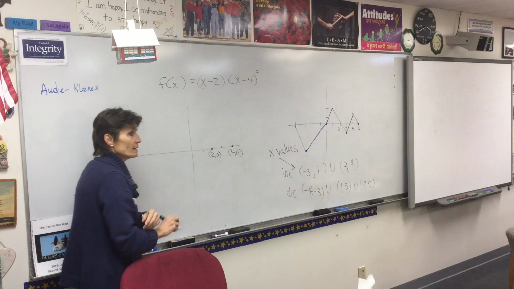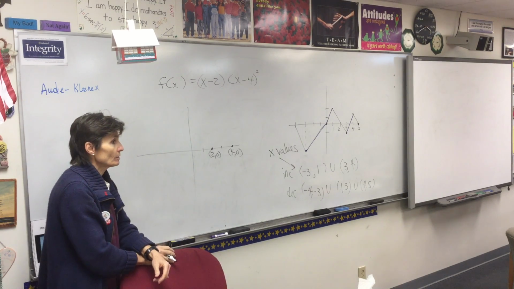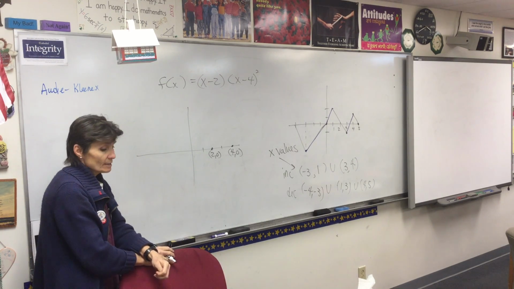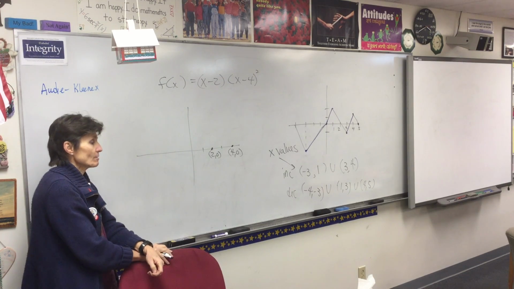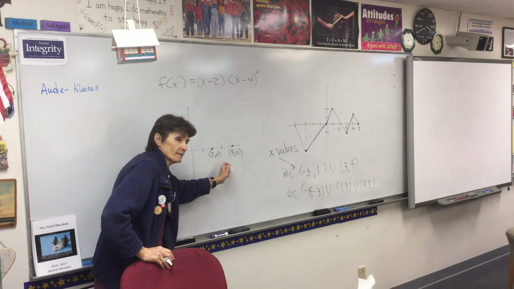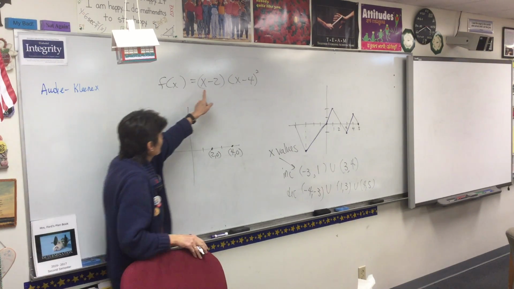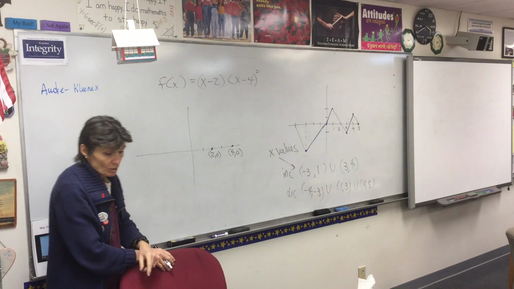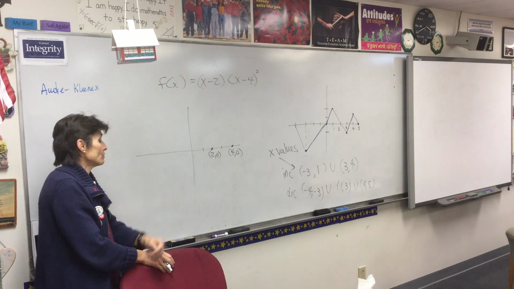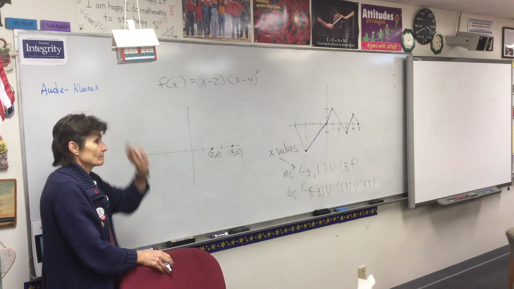Is that okay with everybody? What are those dots called? X-intercepts. So the first question says, find the x-intercepts. You already did, they're right there. Where do they come from? The factors. So assuming your problem is already factored for you, you got them right there.